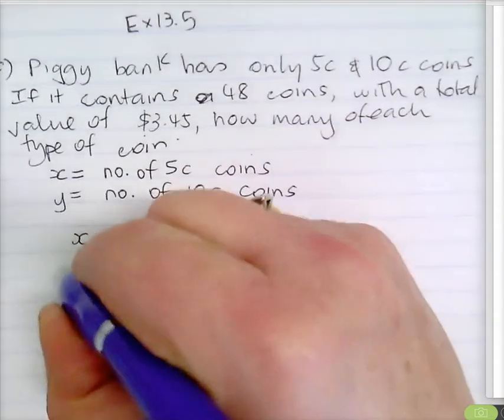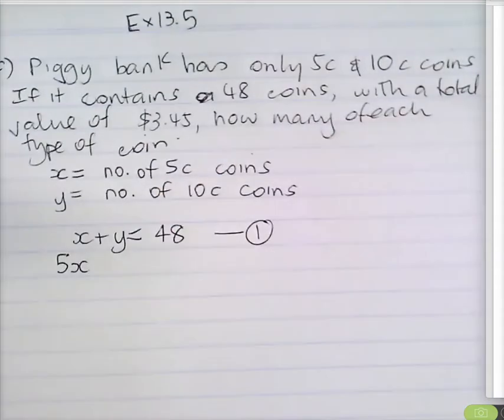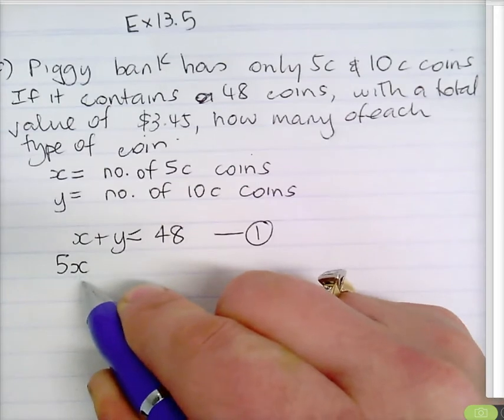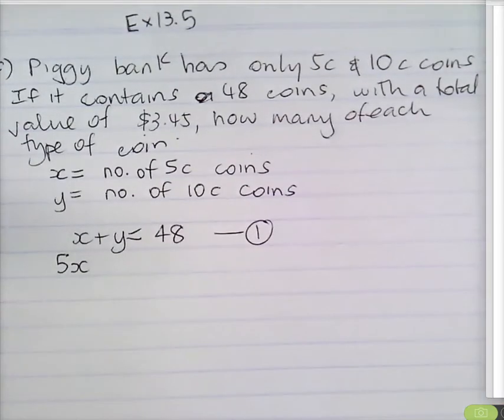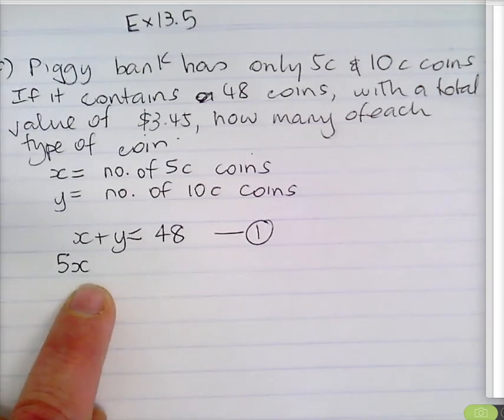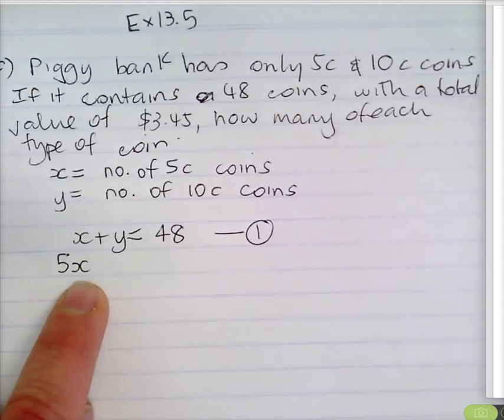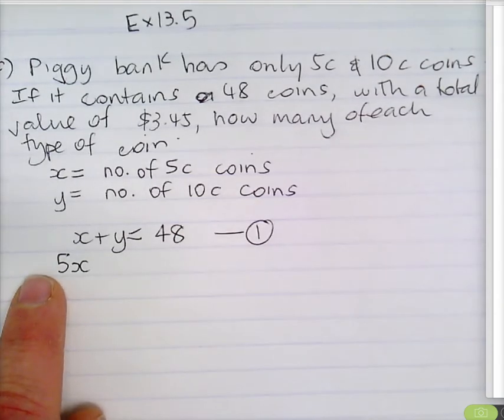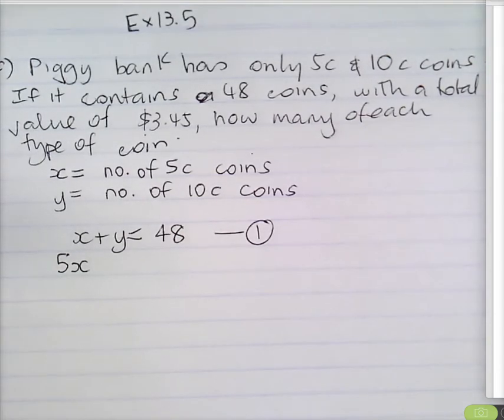So, yes, it's 5. Now, I'm working in cents. So, 5 times how many 5-cent pieces gives me the value of all the 5-cent pieces. Because if there were 25-cent pieces, isn't that $1? So if X was 20, for example, because it's 5 cents, you're trying to work out the value. It's saying a total value of $3.45.